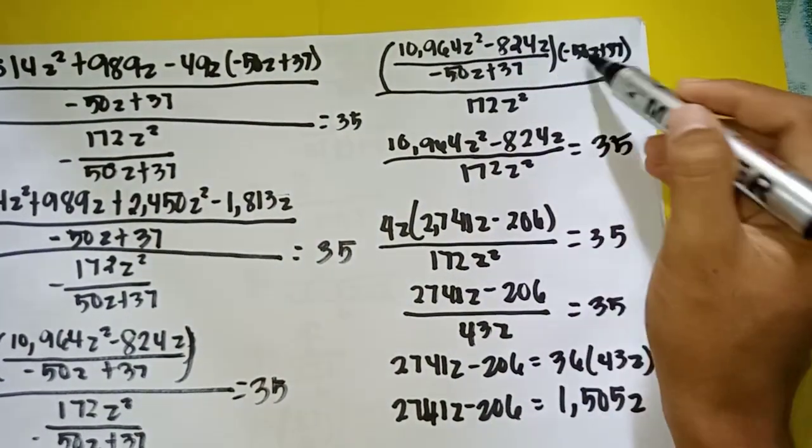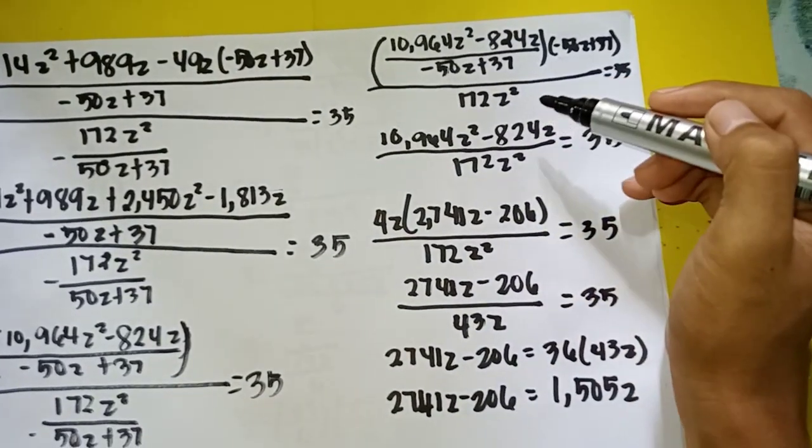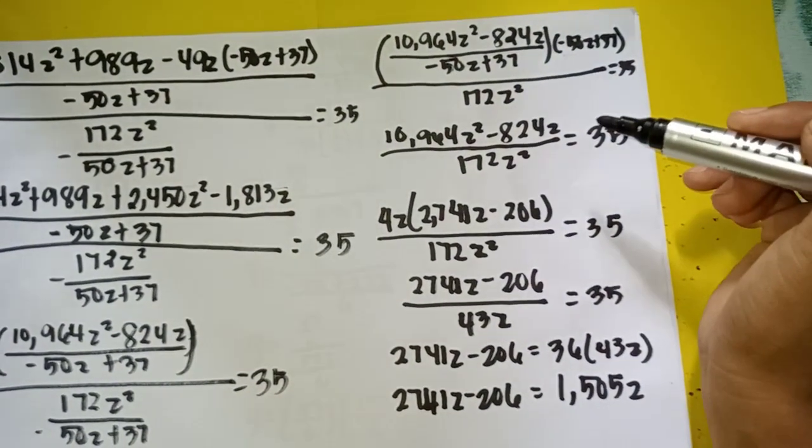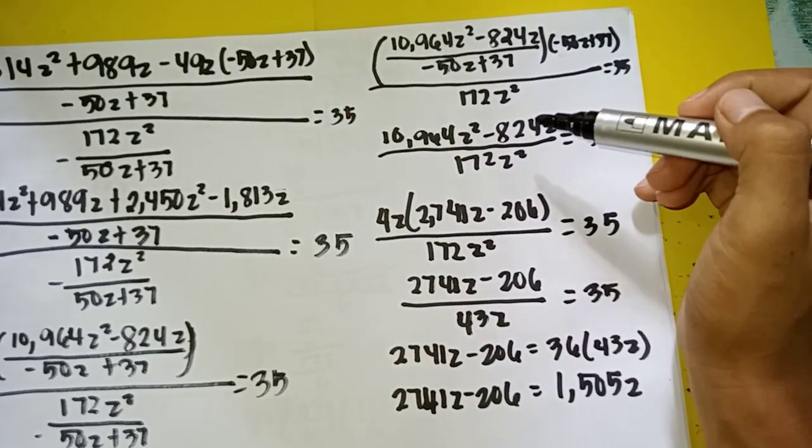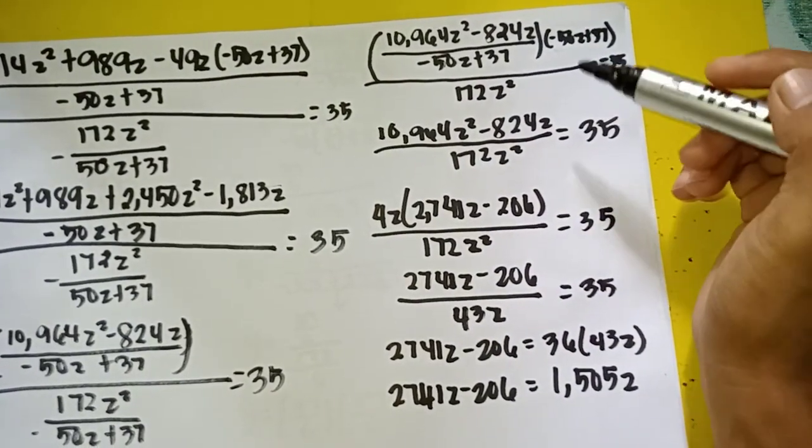So, cancel. What will be left is 10,964z squared minus 824z over 172z squared equals 35.